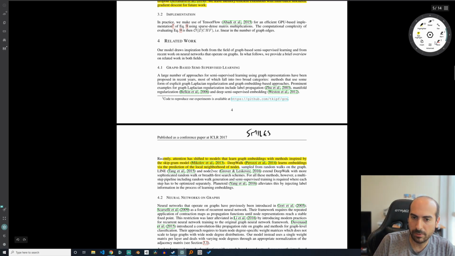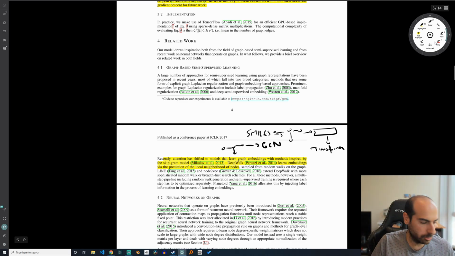Given some sort of molecule, let's say as a graph, you turn this into a sequence, and then you feed it to a transformer. So this is one way of doing this. Another way is you have a graph, and you feed this to a graph convolutional network. So you have two ways of solving the same kind of problem.